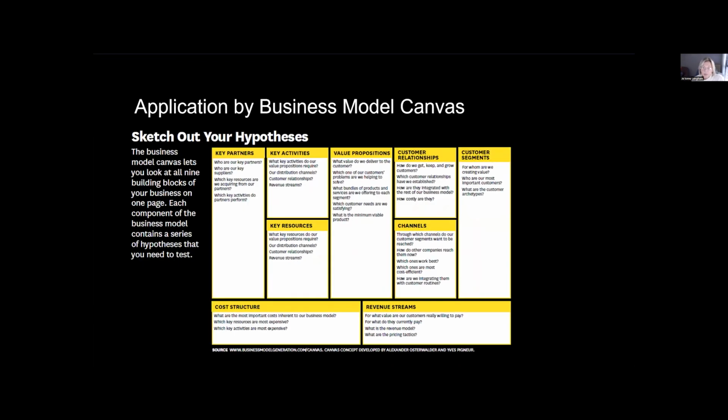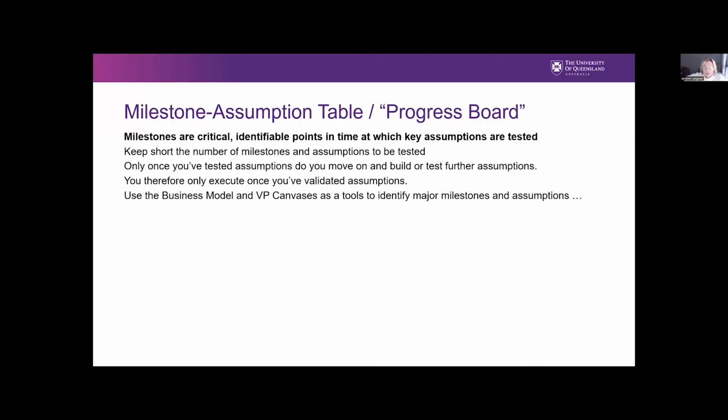You will need to have a look at each of the questions that are there to be answered in the business model canvas, and you can see that there are a number of those in each segment that you would need to address. You can actually use the business model canvas as a milestone assumption or progress table.